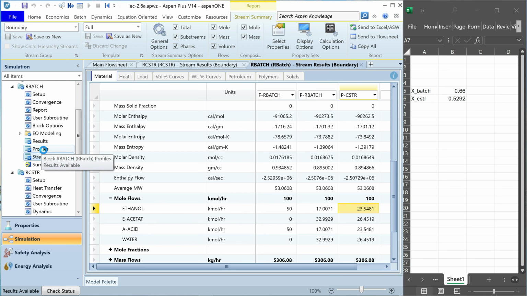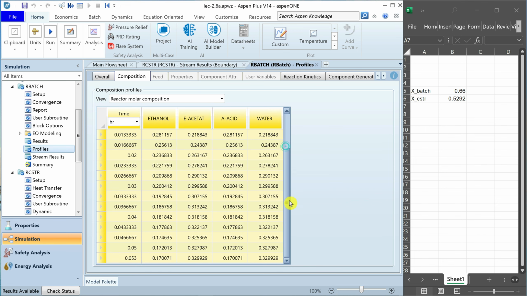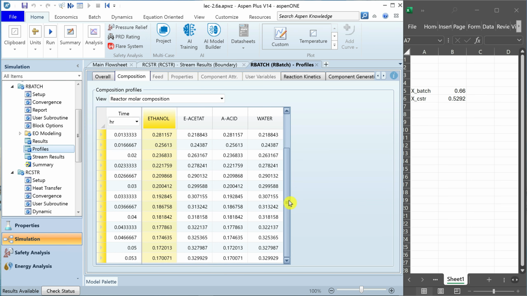So for that purpose, go to the profile, and in the composition tab, these are the actual molar concentrations of all the components, indicating change in the concentration over the period of time. So it is better to calculate the actual conversion from these concentration numbers rather than relying on the molar flow rates given in the stream summary table.